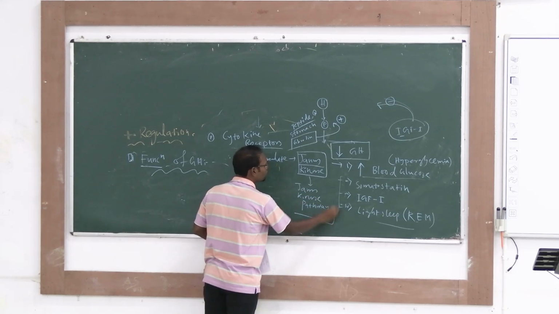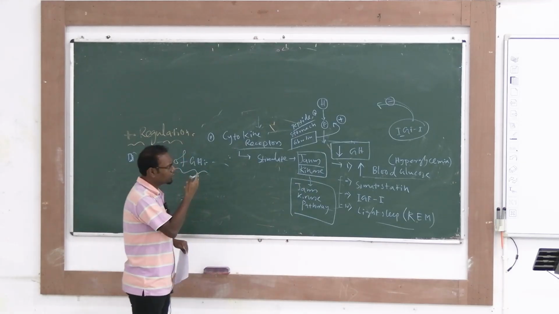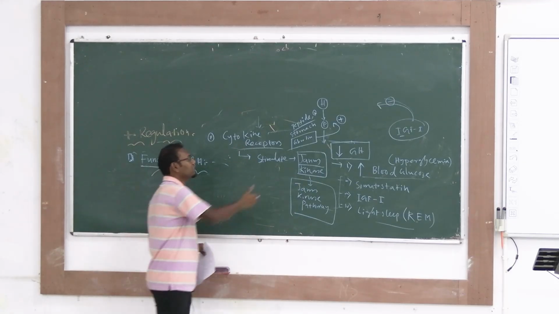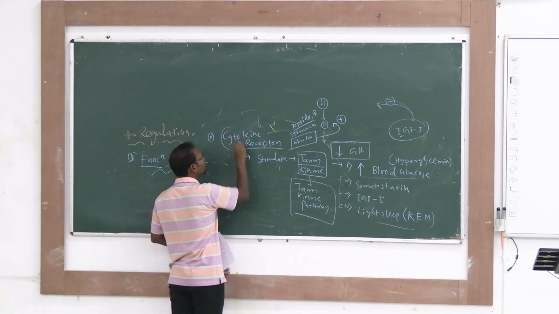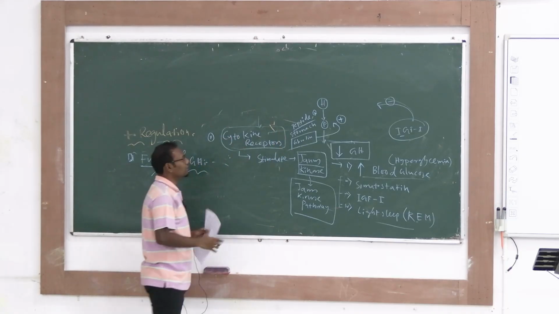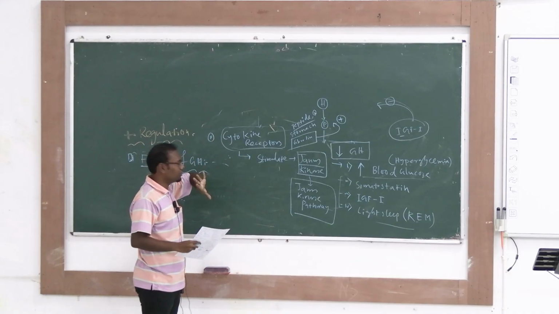Which other hormone follows this pathway as well? Of course, they are twin hormones, so prolactin will also have the Janus kinase pathway activated. After getting into the cytokine receptors, growth hormone cannot act right now.